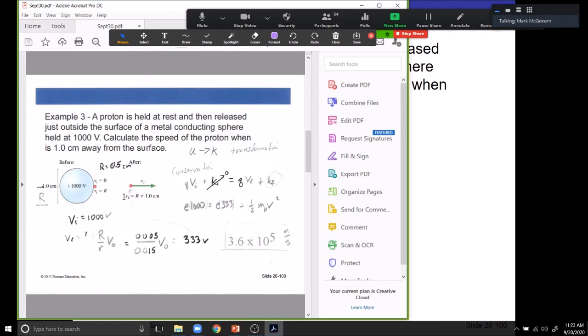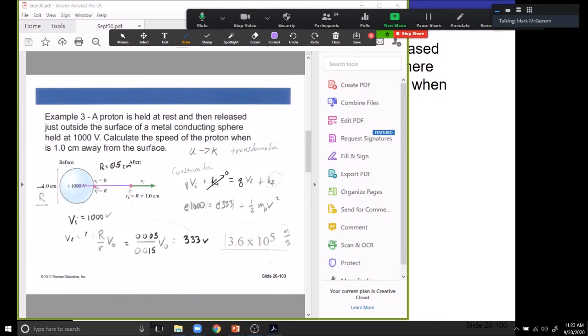But you can't put in a centimeter because we're not a centimeter from the center, right? When you do this problem, it's from the center of the sphere out to where the charge is. And according to this, it looks like it's 1.5.